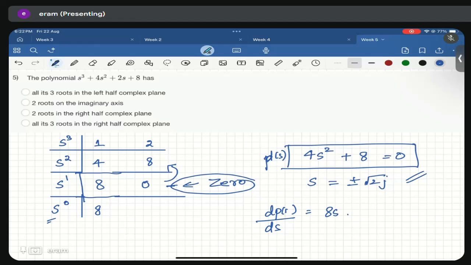Then what will be the last value? It will be 8 only. Okay, so is there any sign change now? There is no sign change, so we have one pair of poles on the imaginary axis and one pole on the LHP.